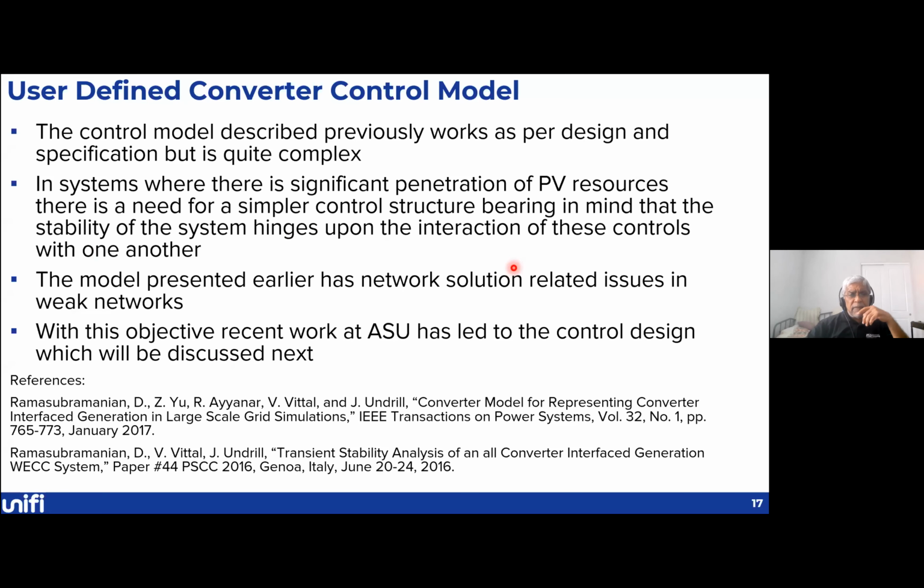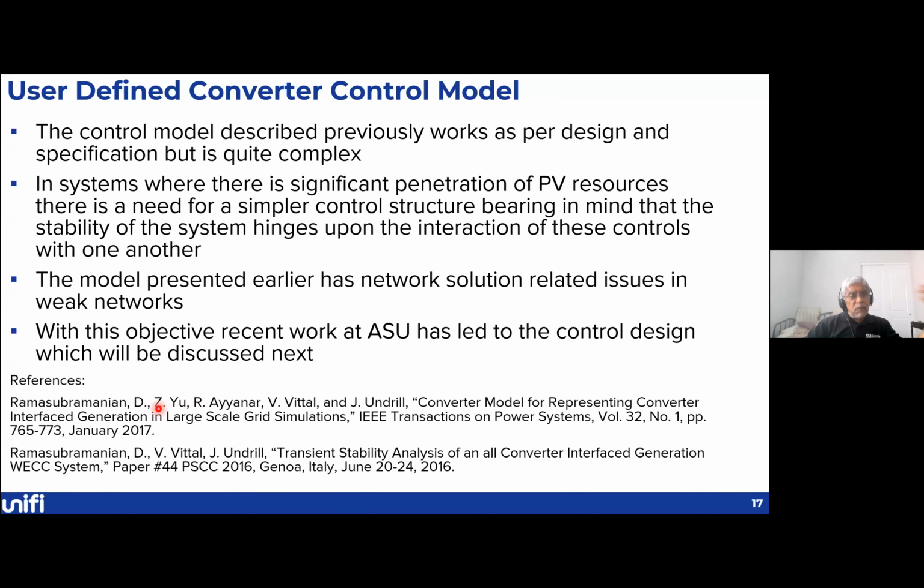So with this objective in mind, our group at Arizona State University worked upon the development of a model, which I will discuss next. And these are two important references. The first paper actually describes the development of the model and the testing of its validity.